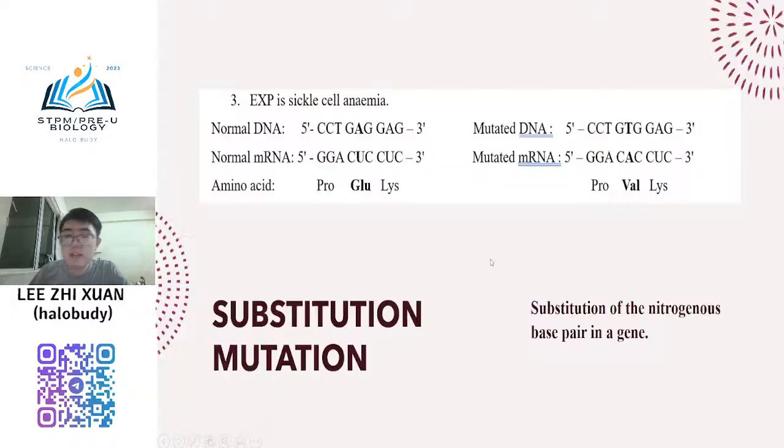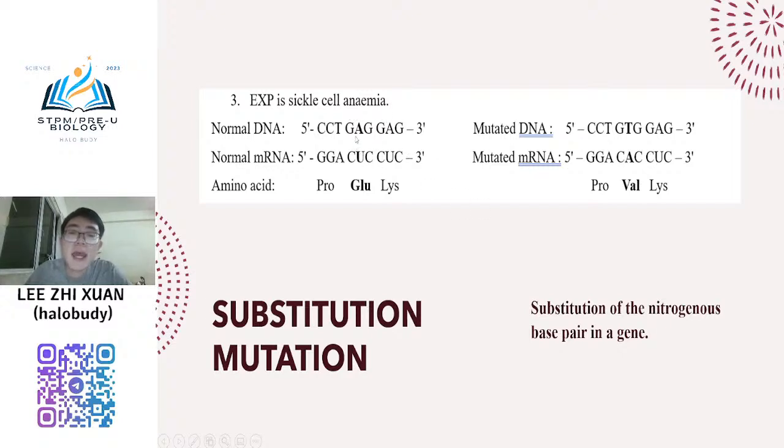There are four types of mutations. The first one is substitution mutation. Substitute means replace, so a replacement has been made. You need to know an example for every type of mutation. One example is sickle cell anemia.